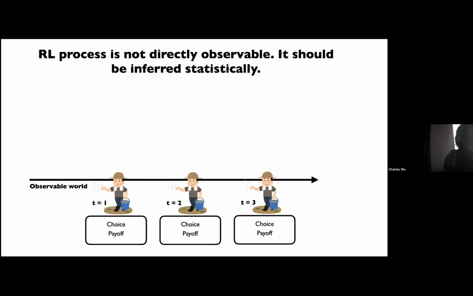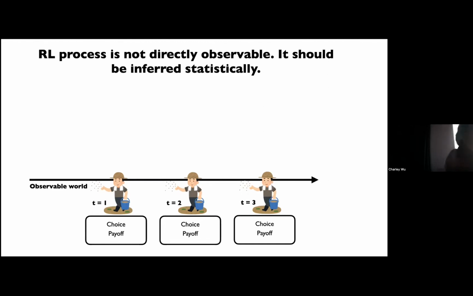What is interesting, or what is the utility of using this kind of reinforcement learning modeling, is that we can assume what's going on inside his mind. What we can observe as a researcher, as an observer, is only what he chooses and what reward he gets. This is what we can observe directly from outside.